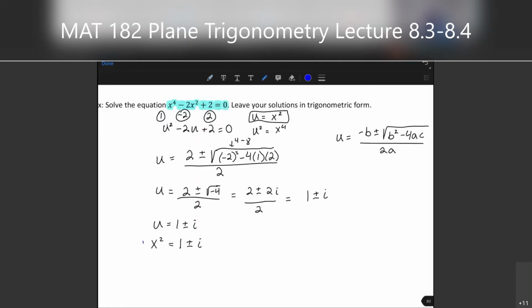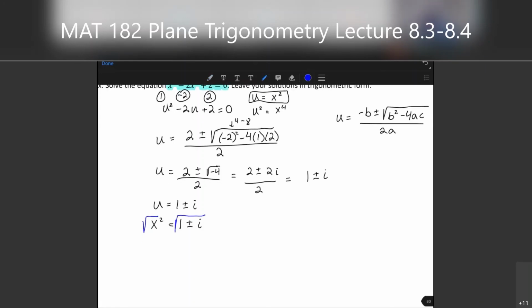So if I take a square root of both sides to find my actual solutions for x, not just u, this is what we'll get. We'll get x is equal to plus or minus the square root of 1 plus or minus i.